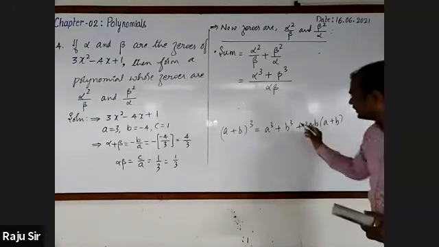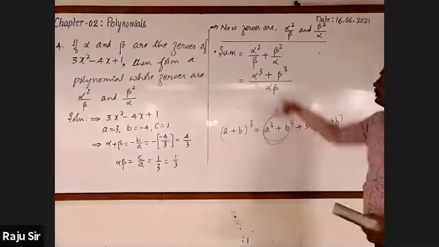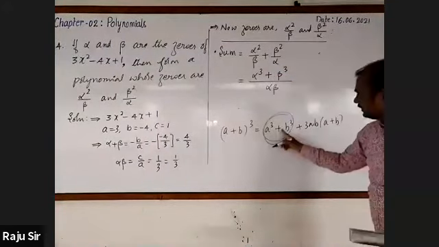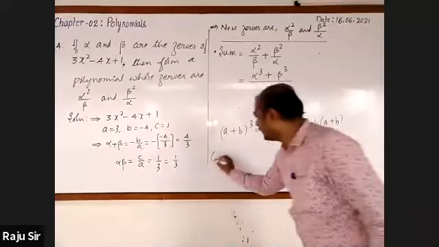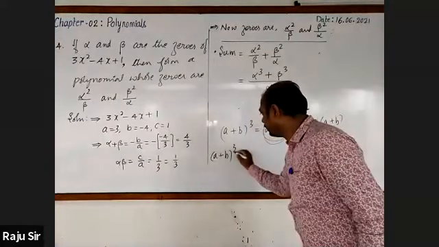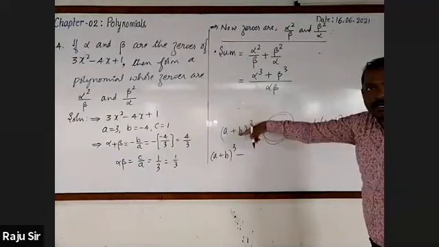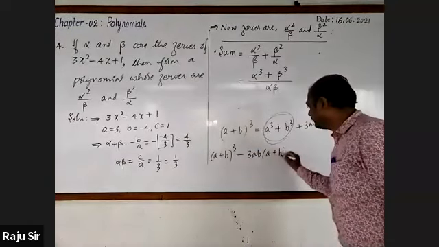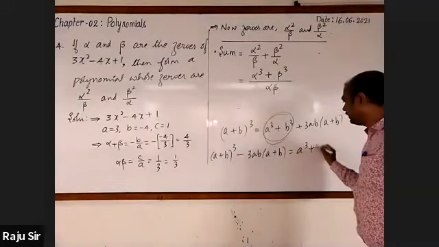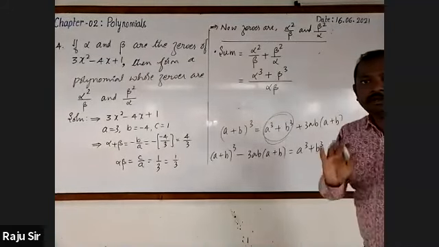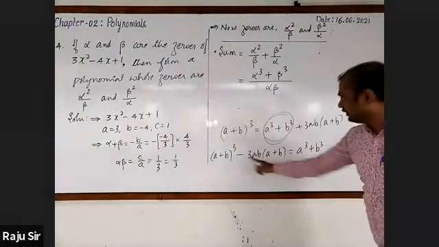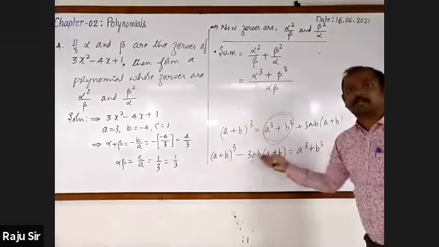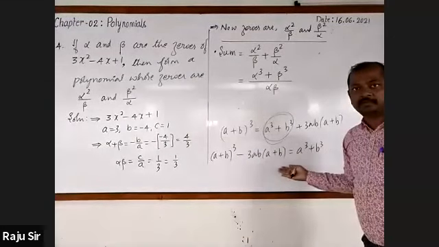In this, we want a cube plus b cube. Transfer all these to the left hand side. It will be a cube plus b cube is equal to a plus b whole cube minus 3ab into a plus b. Here we will get sum and product directly, so this will be easier.